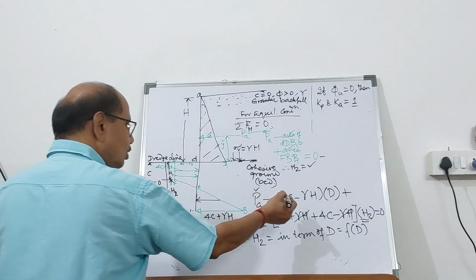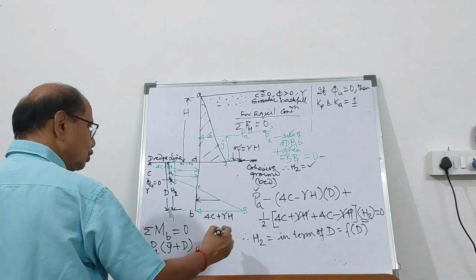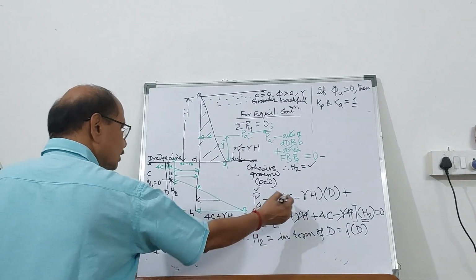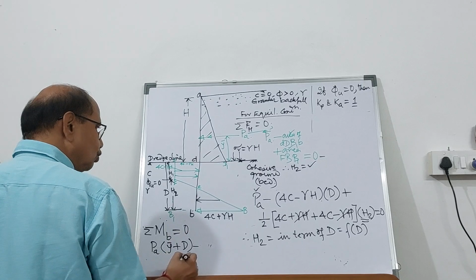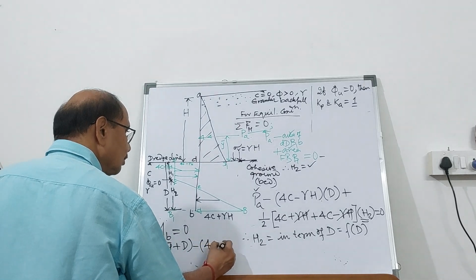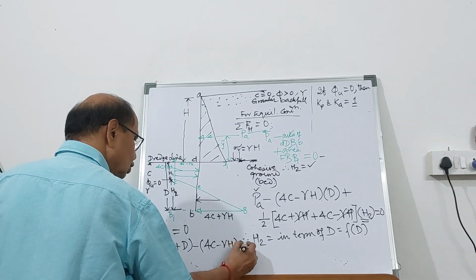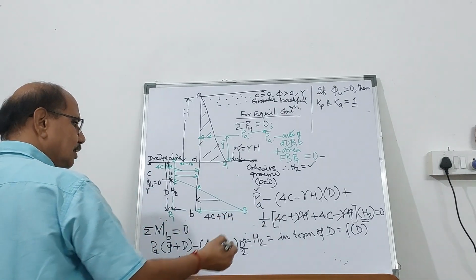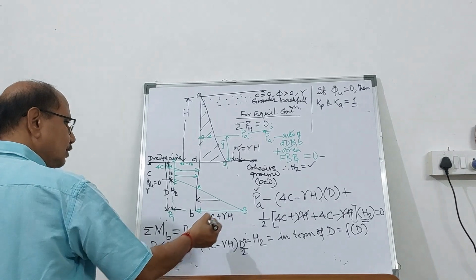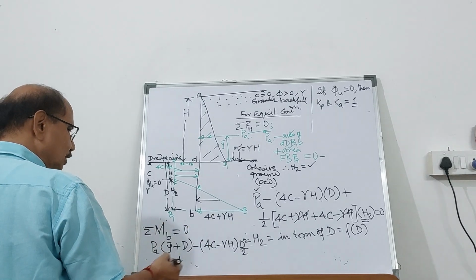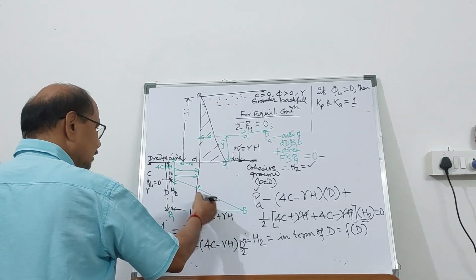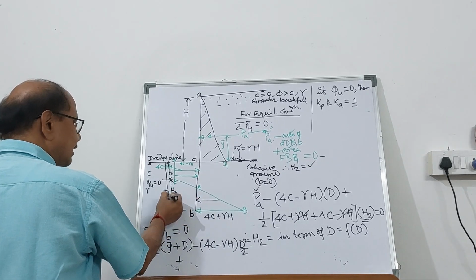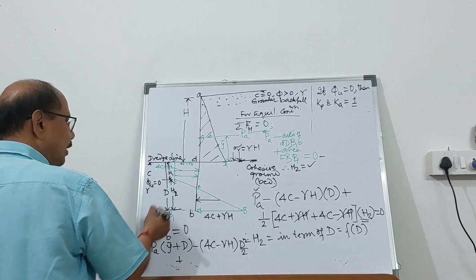So minus this force, which will be acting at d by 2, so this becomes 4c minus gamma h into d square by 2, plus this force, with H2 in terms of D, acting at H2 by 3.